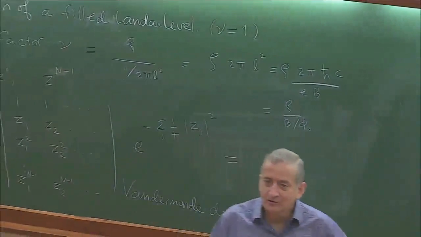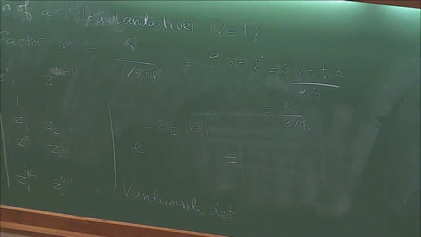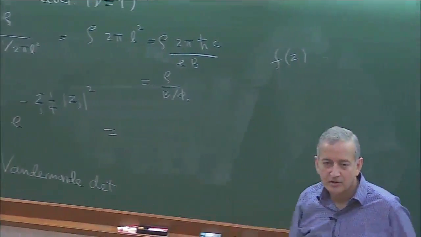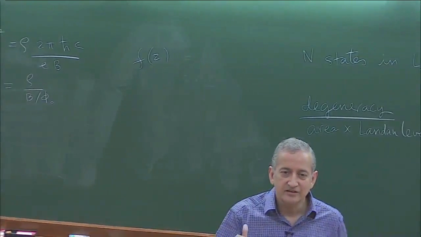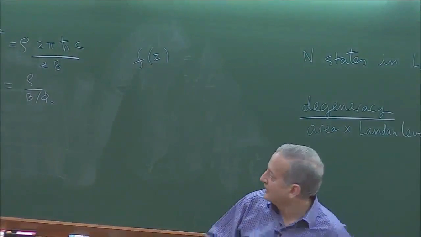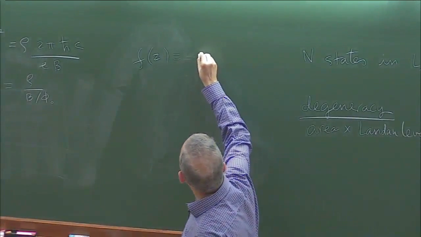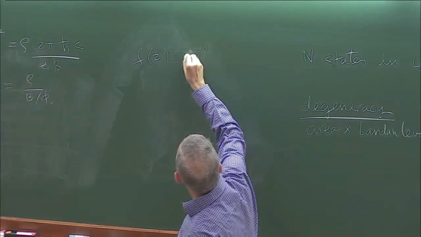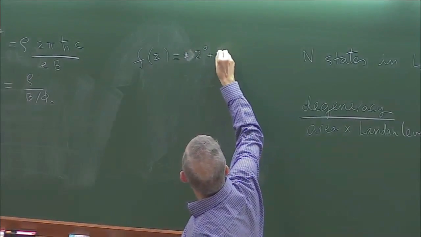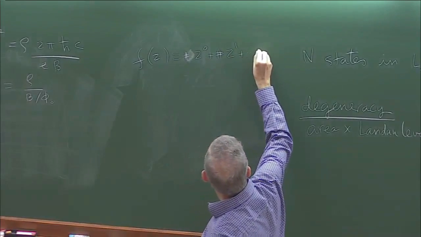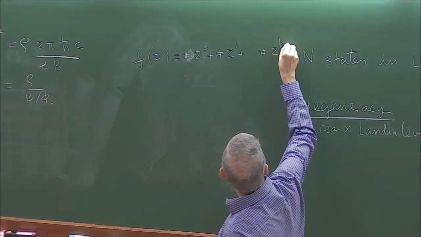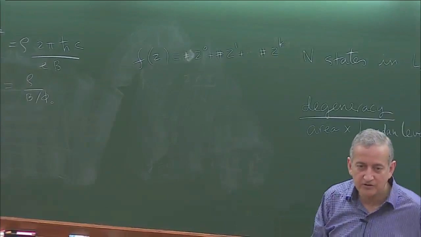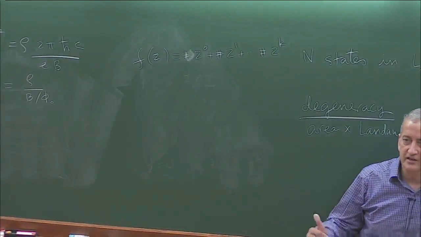See here I'm going to use the fundamental theorem of algebra. It says that if you have an analytic function of z, and let's say the degree of this function is k, so the largest power of z that comes in this function is k.